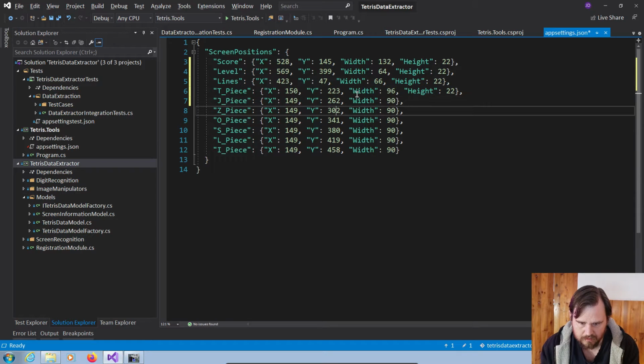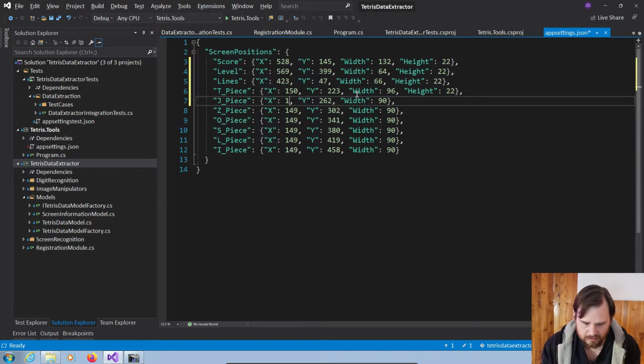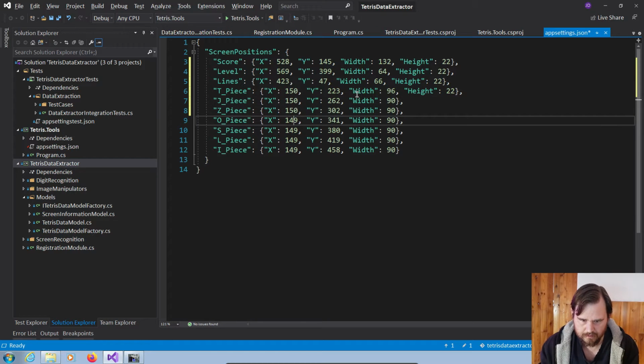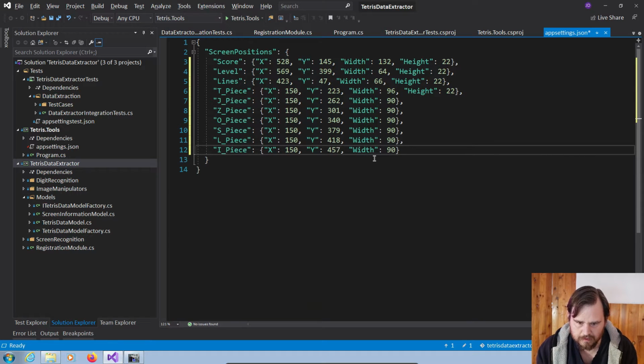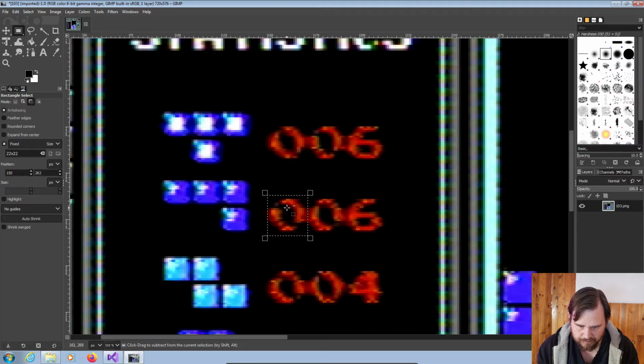I think what we're gonna do is change all of these to 150, and these will all get decreased by 1. And then we'll just check the last one to make sure that it makes sense. 150 and 457.